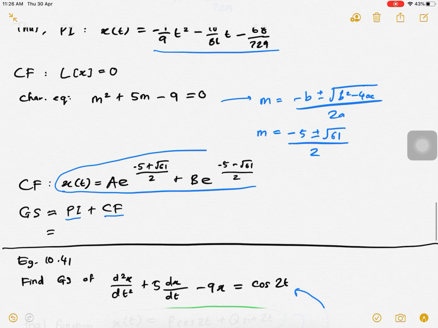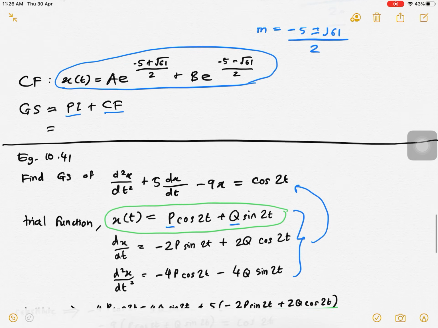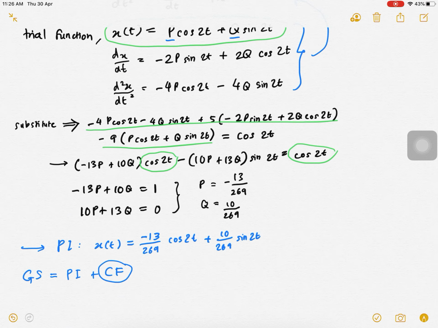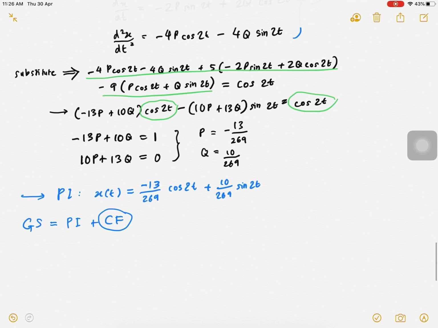Again, I recall this is the complementary function that we will use inside this 10.41 example. It will be the same function. So from there we can get the general solution, right?